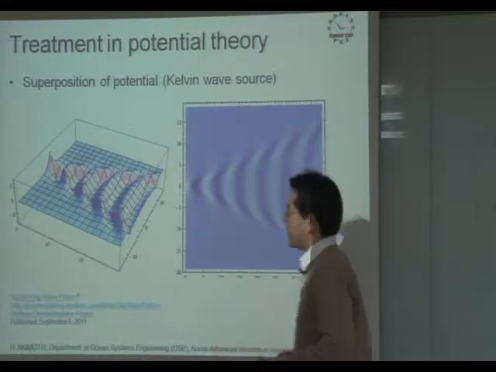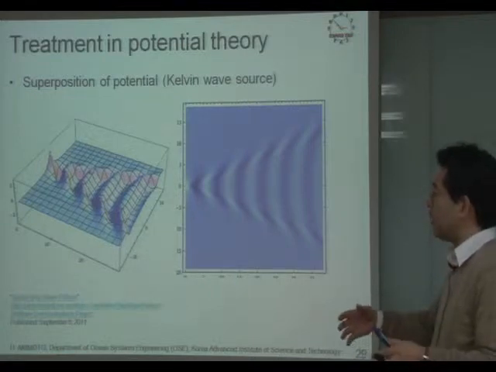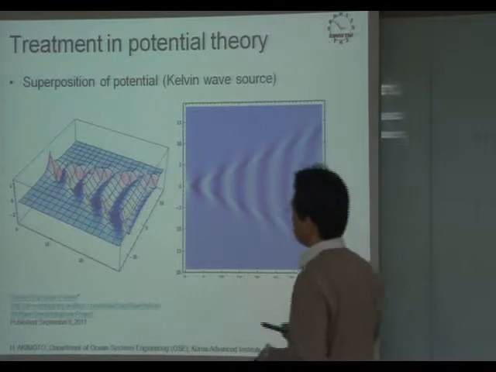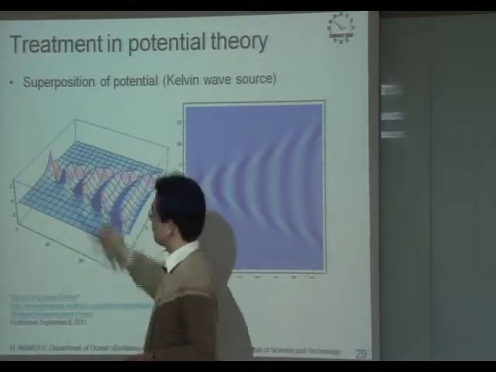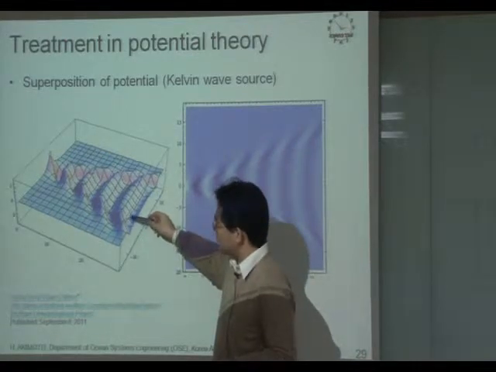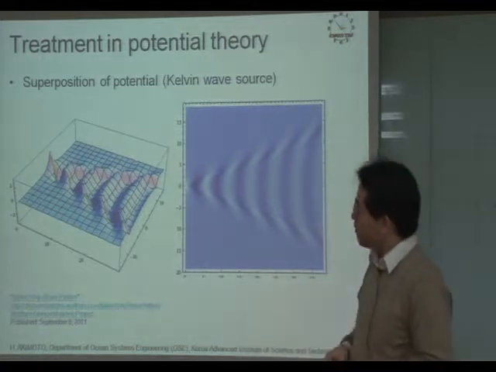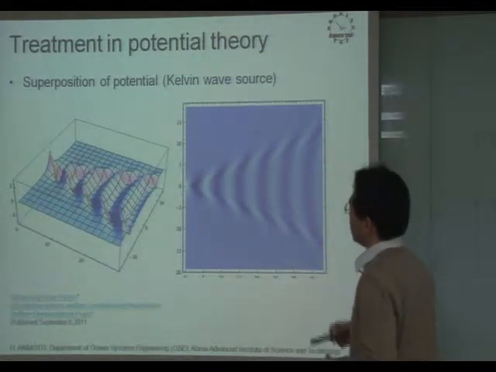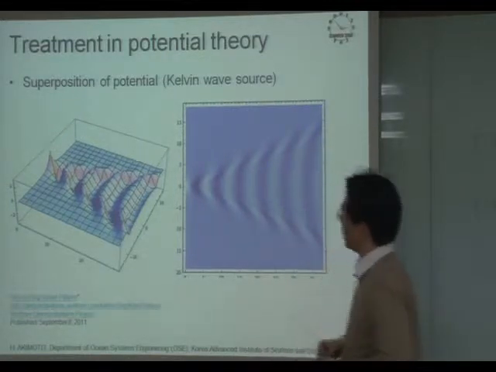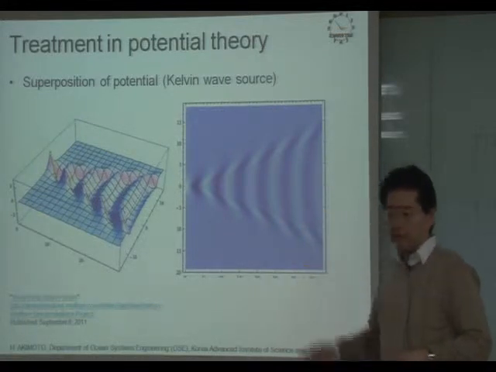We can assume the wave system around an actual ship is the superposition of small elements. I guess this image is the result of a Mathematica application. Its bird's eye view is like this. So this source has the basic feature of a Kelvin wave.